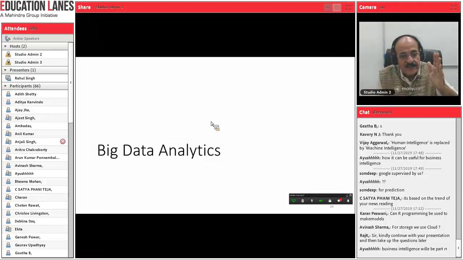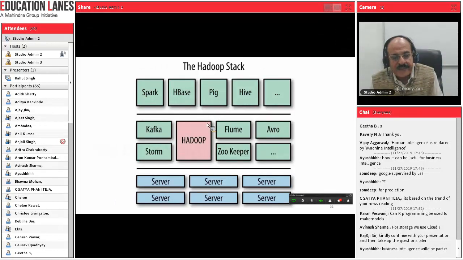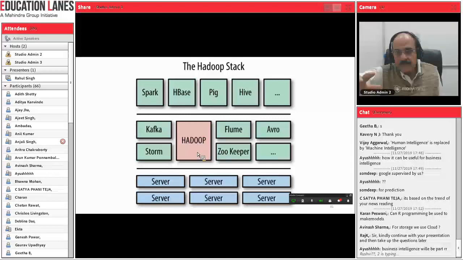This is known as the Hadoop stack. Hadoop is the technology at the center of it. You store data using Hadoop in various machines, and then you use other applications to read and analyze that data.